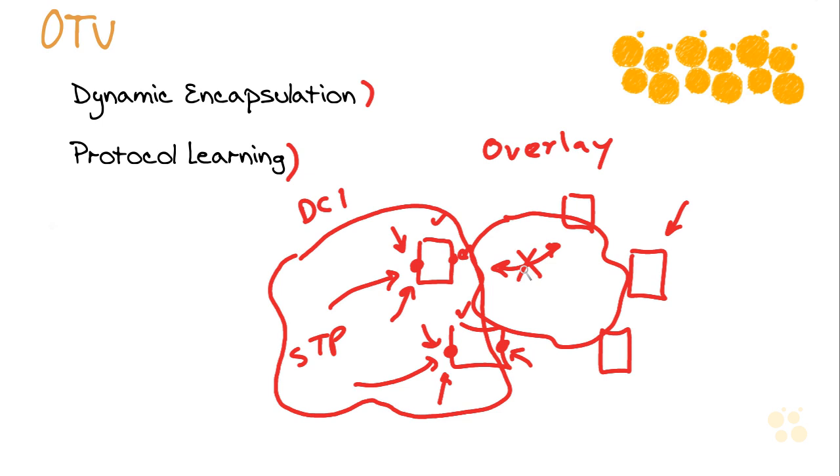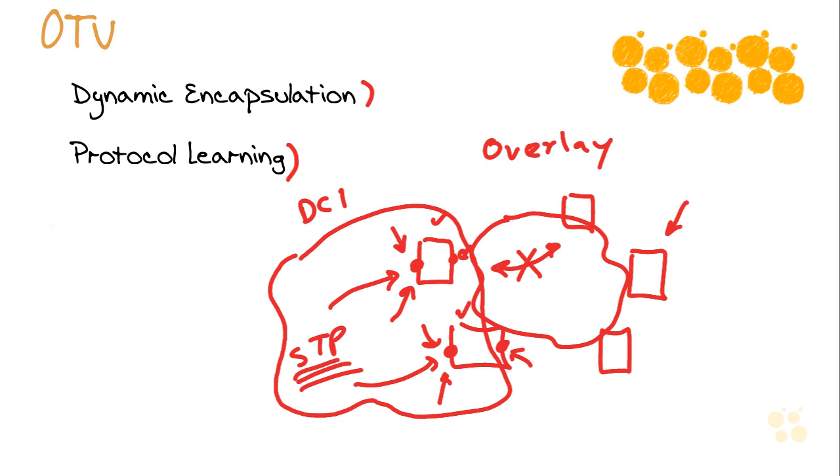So this is built into OTV and requires no configuration. This dynamic blocking of BPDUs from the internal interfaces going into the overlay. Sure, again, you can run STP in here, but it is absolutely not to be transported over the overlay network.